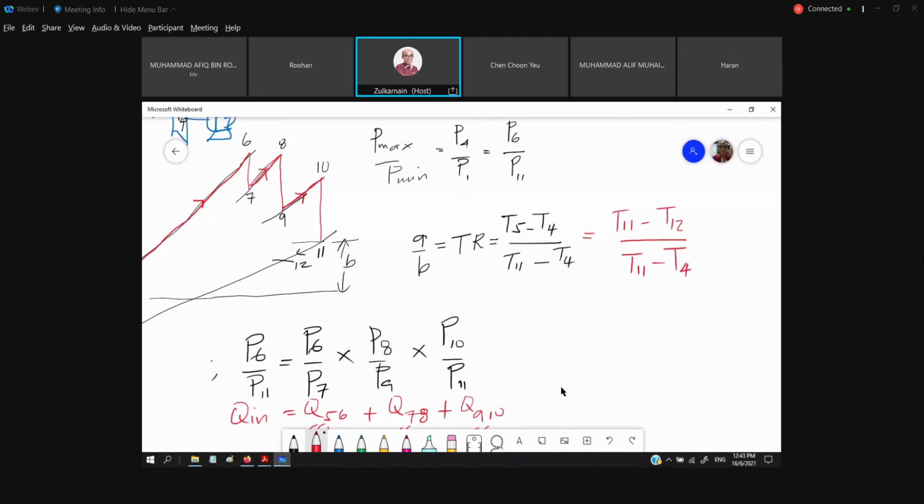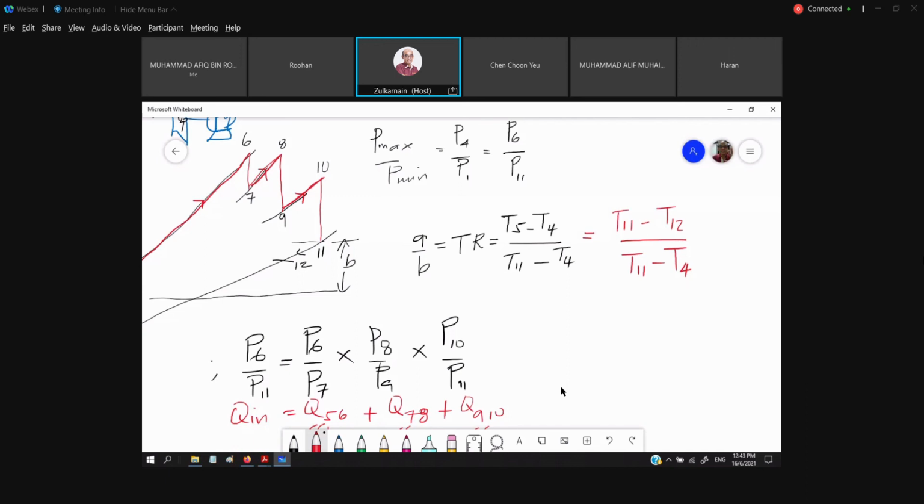This is the increment of the temperature for air after the last compression process, but this is equivalent to the drop of temperature for the exhaust side. Okay, T11 minus T12 divided by T11 minus T4.